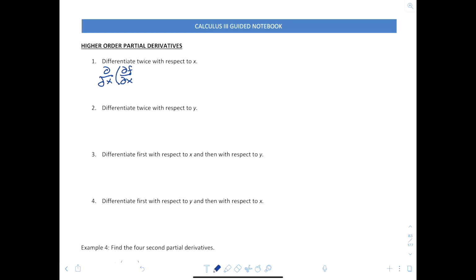All partials. And that's equal to d squared f over dx squared, which you're going to commonly see as fxx. Okay? If you differentiate twice with respect to y, this is what you'll have.